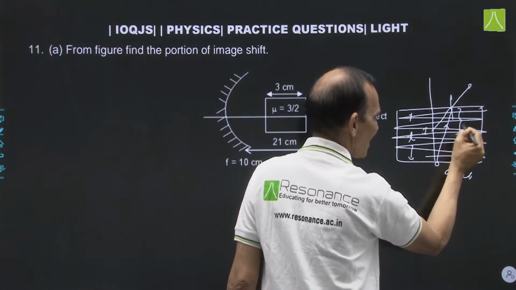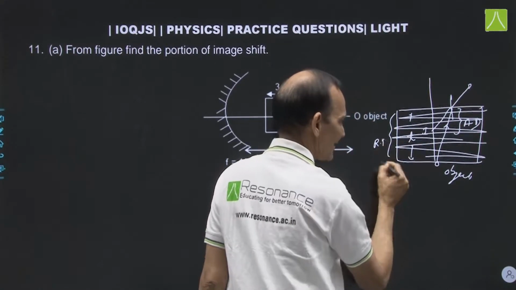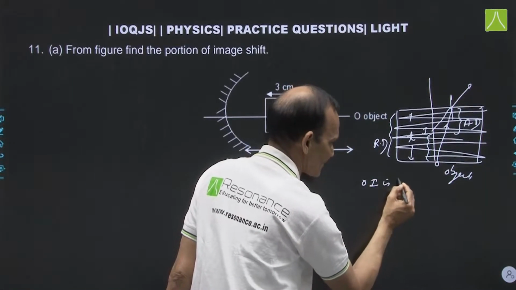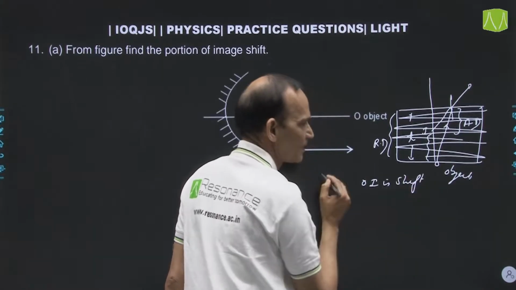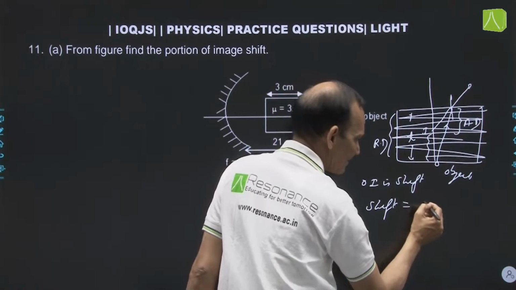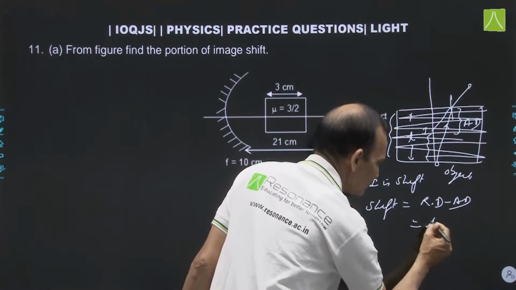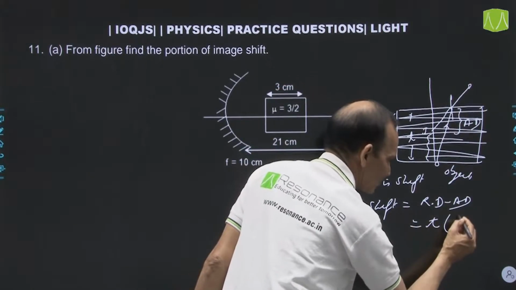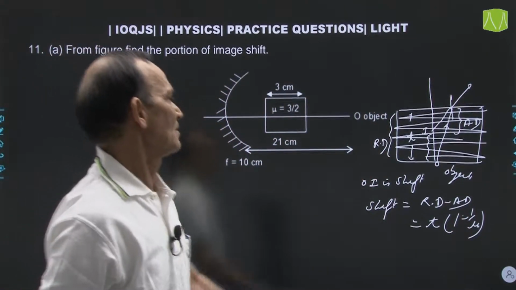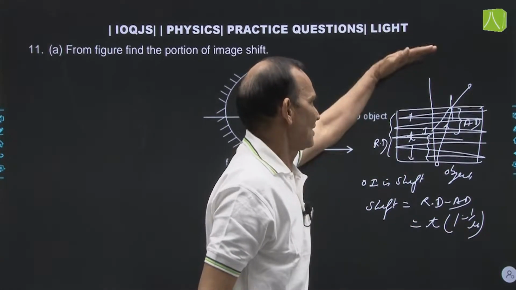So it will be apparent depth AD and real depth RD, and OI is the shift. So how can we find the shift? Real depth RD minus AD, that is equal to t minus t upon mu, that is t into 1 minus 1 upon mu. It is the shift. This object will shift a distance t into 1 minus 1 upon mu in the upward direction.